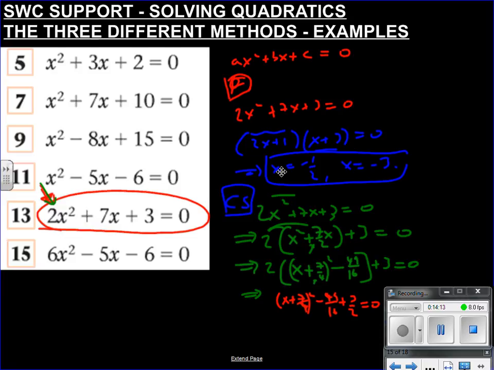And we can go from there to get x. So x plus 7 over 4 squared equals 49 over 16 minus 3 by 2, which is the same as 49 over 16 minus 24 over 16. So that's 25 over 16, right? Is x plus 7 over 4 squared.